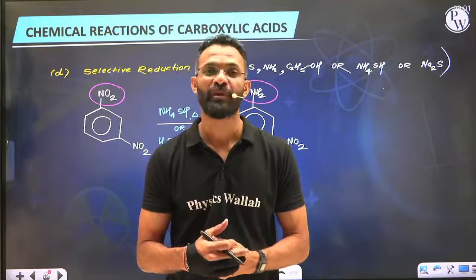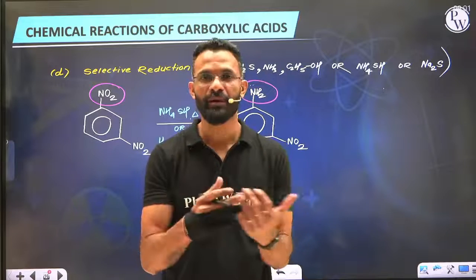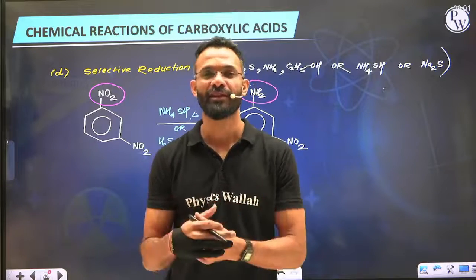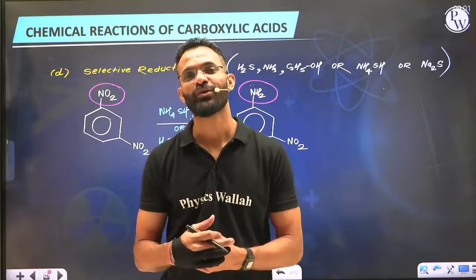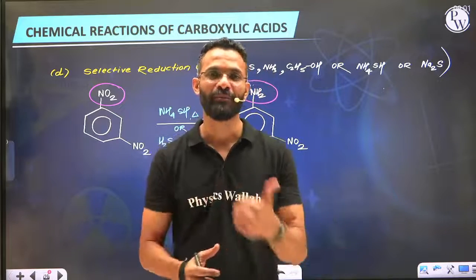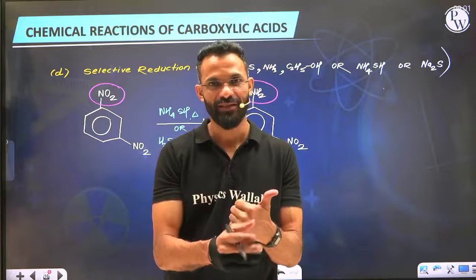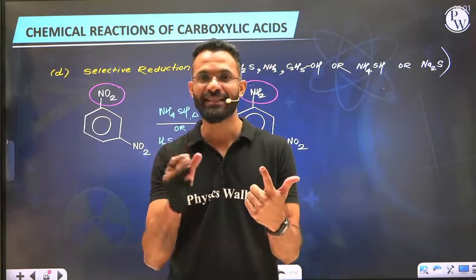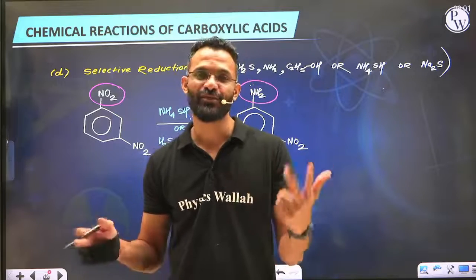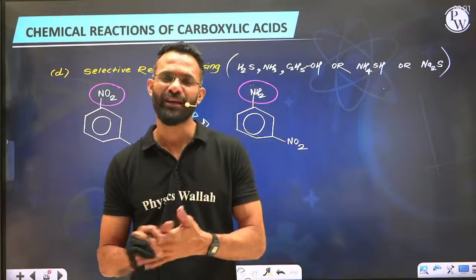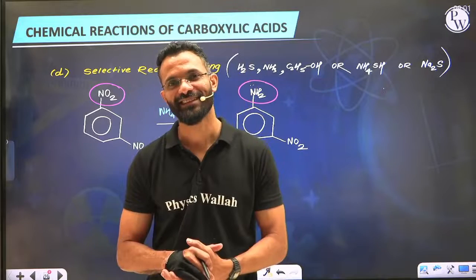Or we can also prepare it from oxime by sodium metal in ethanol reduction or from the reduction of amide using lithium aluminum hydride. And then we saw how nitro compounds can be reduced: complete reduction using metal acid combination, partial reduction, zinc in the presence of ammonia, that is ammonium chloride, and selective reduction using H2S, ammonia in ethanol or Na2S or NH4SH.